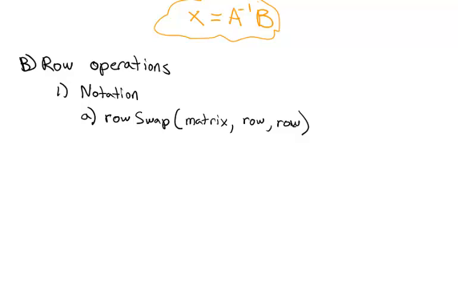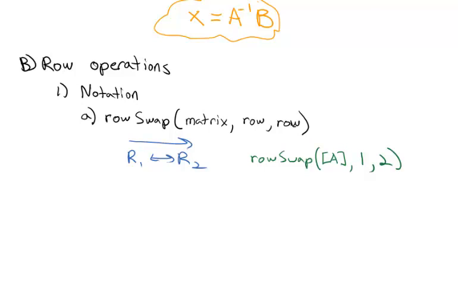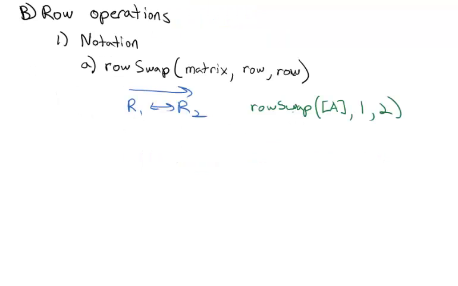So for example, if we wanted to swap row 1 with row 2, say we're talking about matrix A, we will type row swap, and then select from the matrix menu matrix A, and swap rows 1 and 2, and close the parentheses. That's one feature on the calculator.